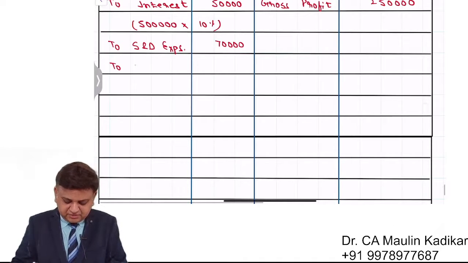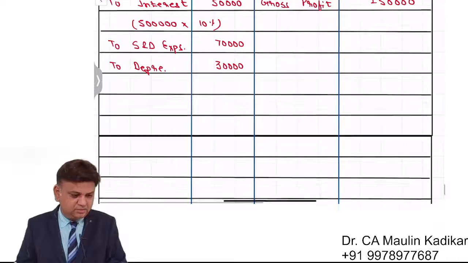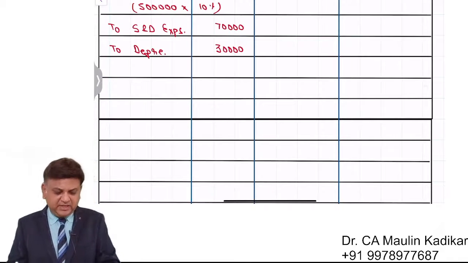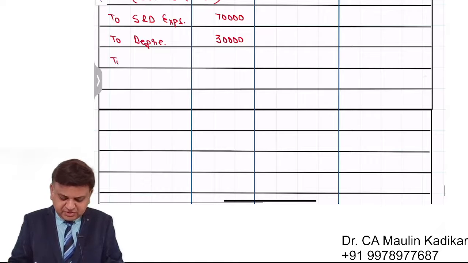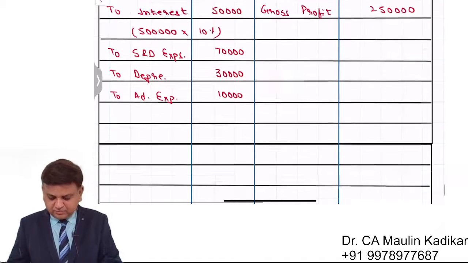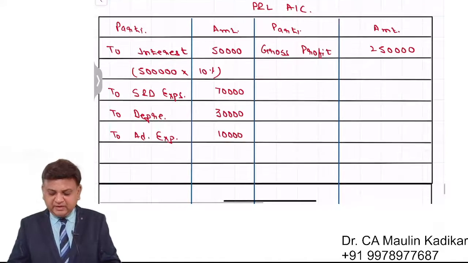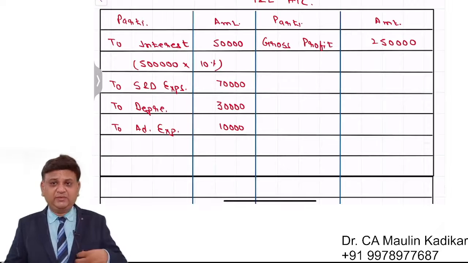Then depreciation. It is an amount of 30,000. Income tax rate is given. That will be useful to calculate the tax provision. Then administration expenses are given. It is an amount of 10,000. So what we can do, we can compute at this point of time earning before taxes.